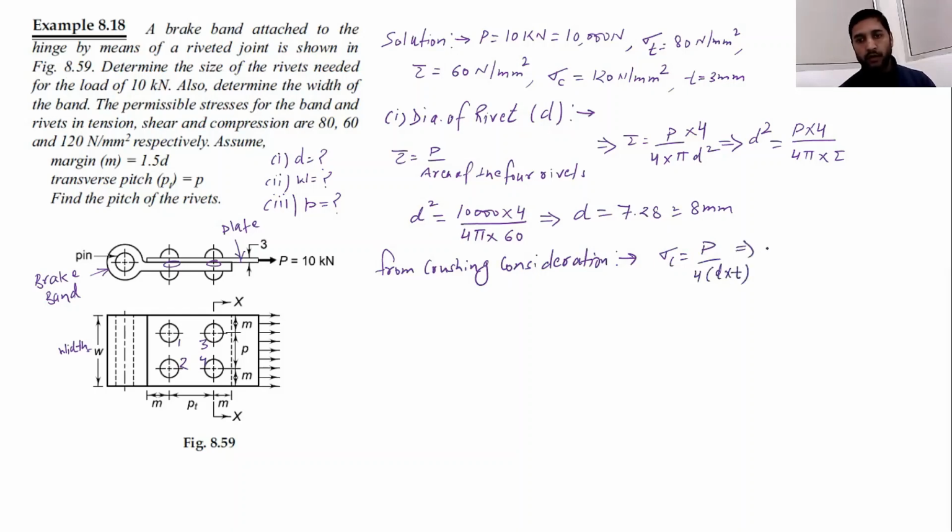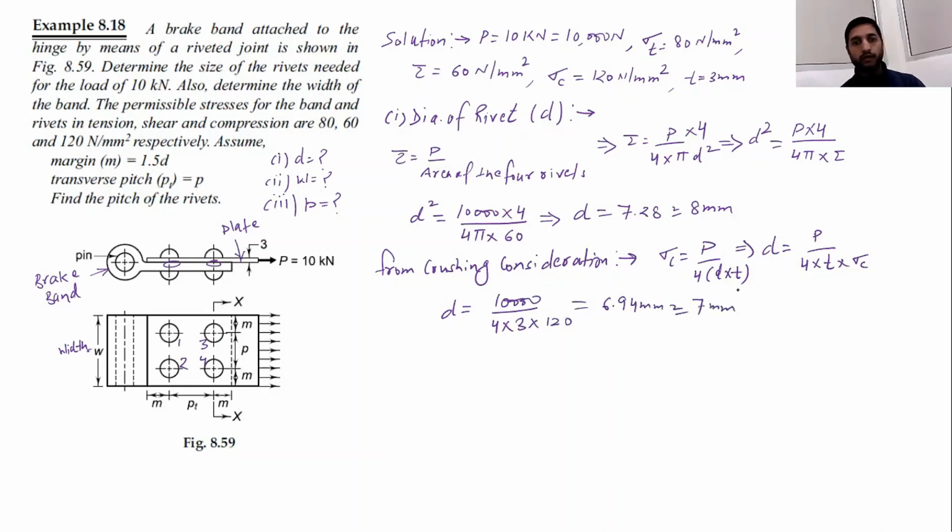So from here d will become P divided by 4 into t into sigma c. So d will become 10,000 Newton divided by 4 into thickness of plate 3 mm into sigma c 120 Newton per mm square. After solving this, you are getting the value as 6.94, approximately equal to 7 mm.